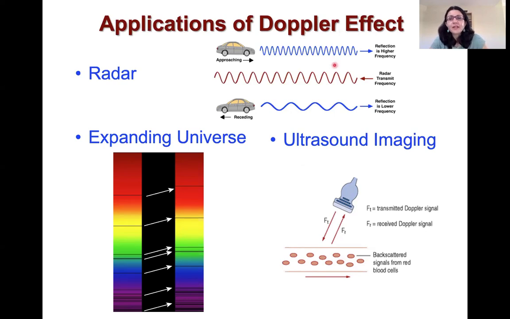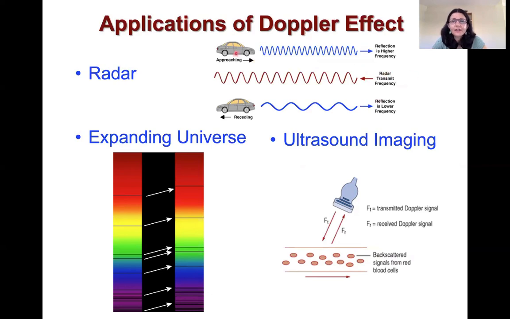So imagine when the radar gun is shot, it's set to emit waves or radiation at a very specific frequency. And if it's pointed at some car which is approaching, basically every crest that hits the car is going to bounce back and be detected in the police car.